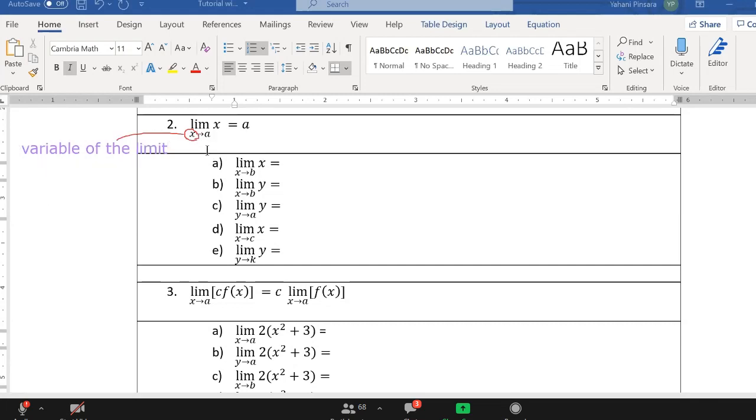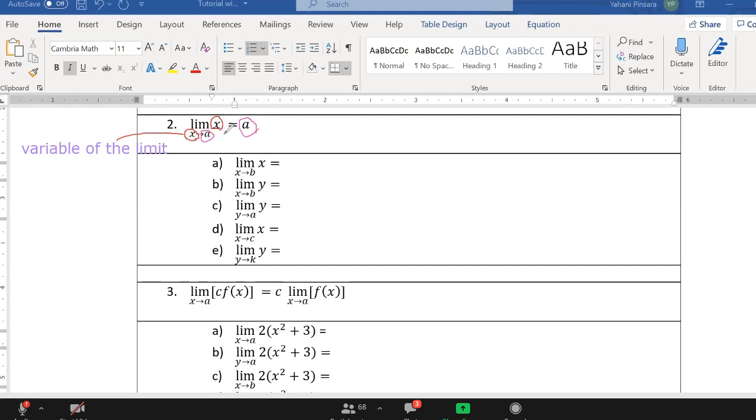If you have this x, the same thing, in front of your limit, in that case the approaching value of the variable is the answer. So x approaches a, so the answer of the limit of x should be a, right? So here we have to find the limit of x when x approaches a.